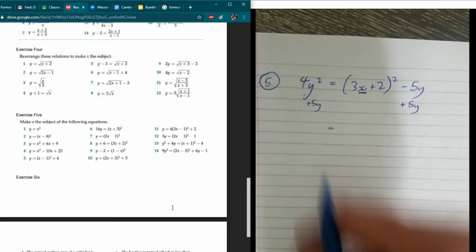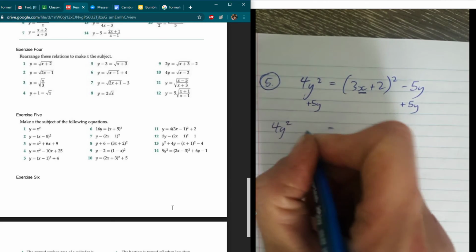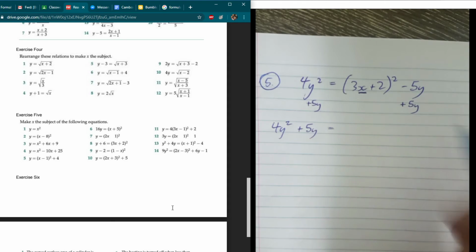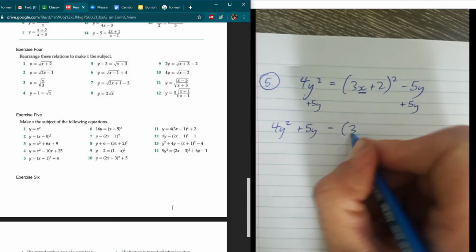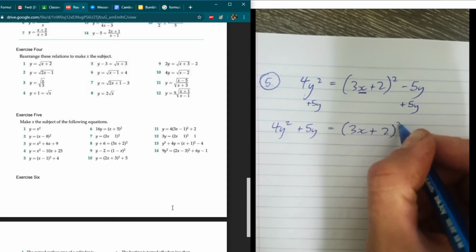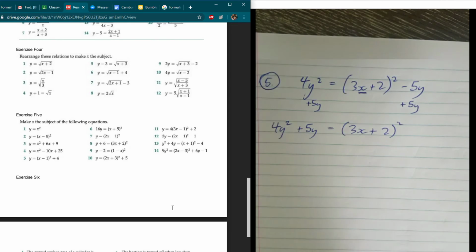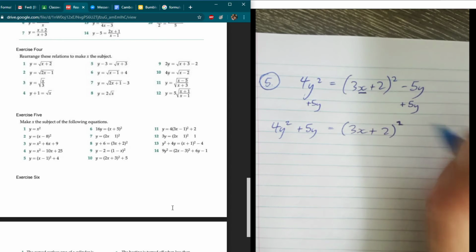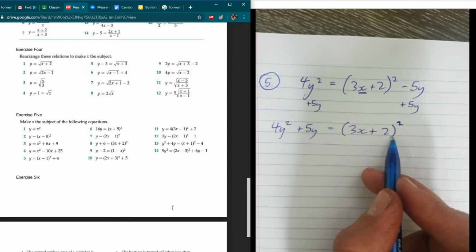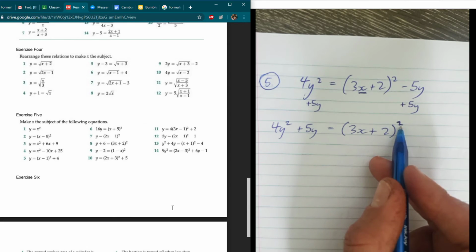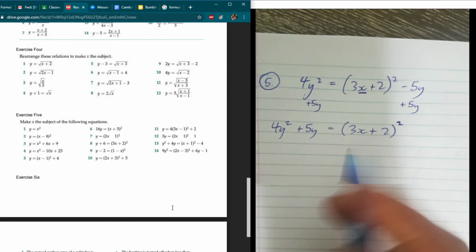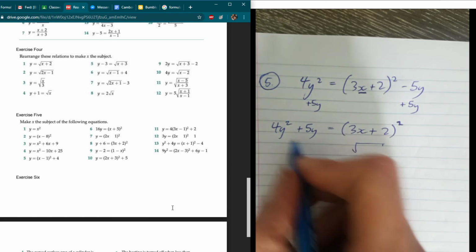So we've got 4y squared plus 5y on this side. And then over here we have (3x plus 2) squared. Alright, so we're unpacking the x. We can't do the bracket, but we can do the exponent. So that's squared. So the opposite of that is if we just do a square root to both sides.